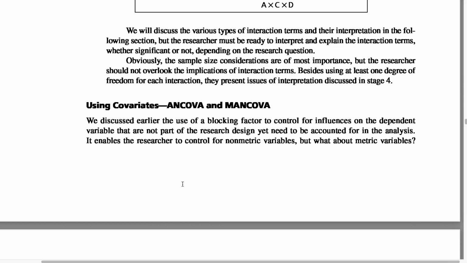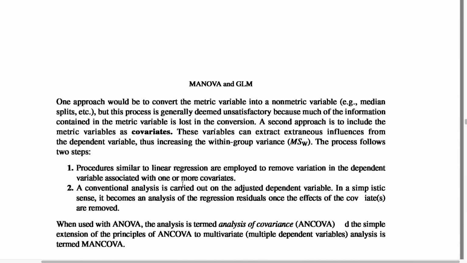We discussed earlier the use of blocking factors to control for influences on the dependent variable that are not part of the research design yet need to be accounted for in the analysis. It enables the researcher to control for non-metric variables, but what about metric variables?